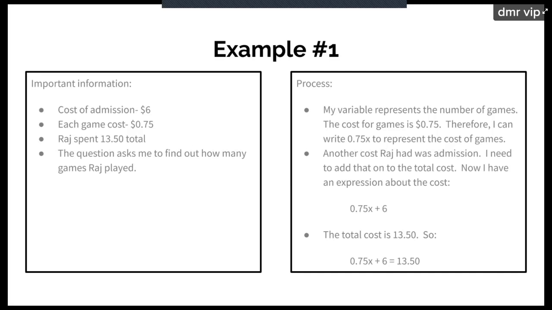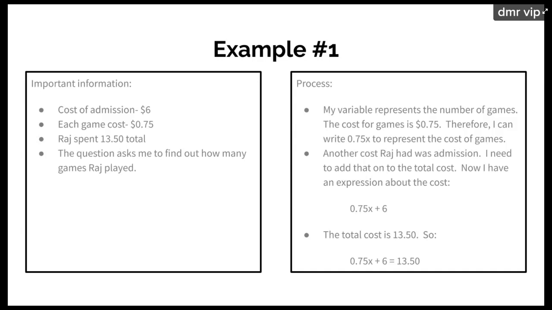Therefore, I can write 0.75x to represent the cost of games. So we know that that one's going to happen over and over again because we see the word each. It also makes sense to us when we think about it. And if you think about the fact that x stands for games and the cost of games is 75 cents, hopefully you can see a connection between those two things. They both are talking about the games.